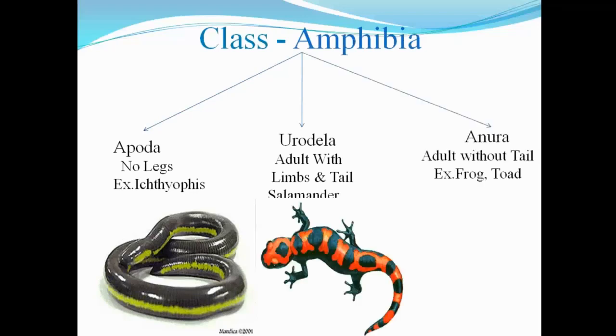And the Anura, these are the tailless adults. Well-known examples are the frog and the toad. In their larval forms they develop a well-developed tail, but towards the adult stage they show degeneration of the tail, and that's why the adults are without tail.